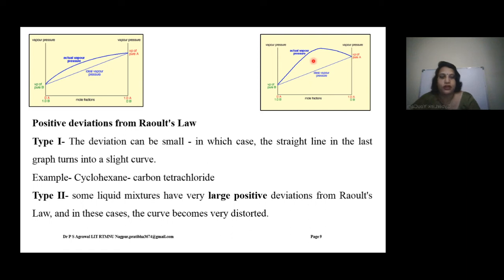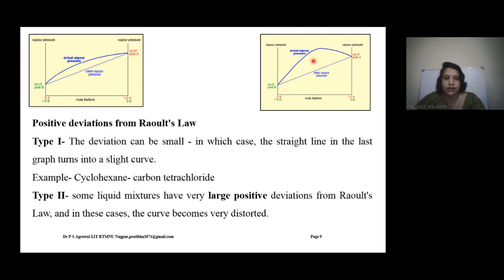Now, why this deviation? The fact that vapor pressure is higher than the ideal in this mixture means that the molecules are breaking away more easily than they do in the pure liquid. That is because the intermolecular forces between A and B are less than those between AA and BB.